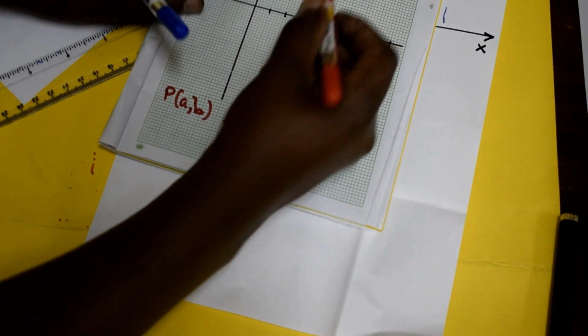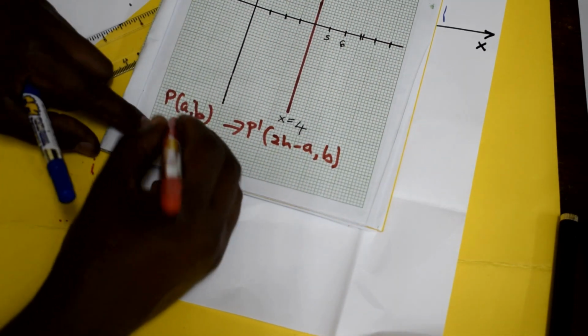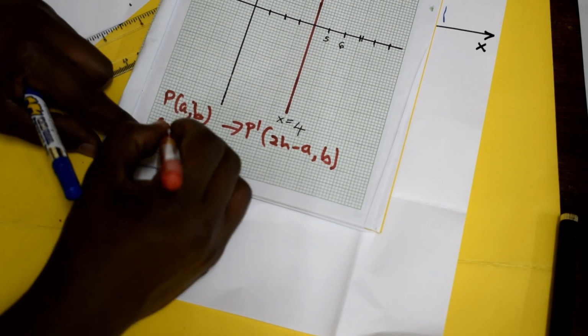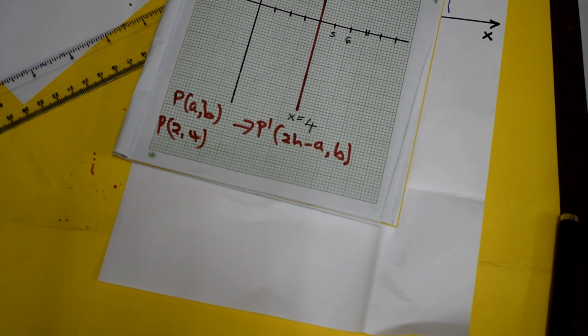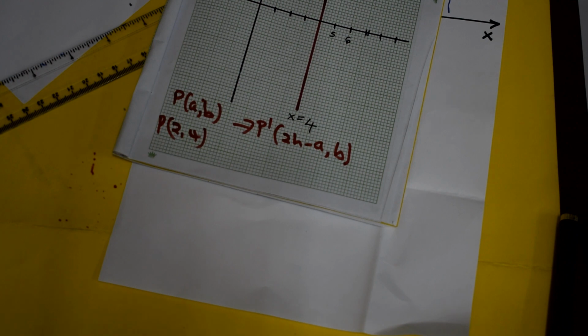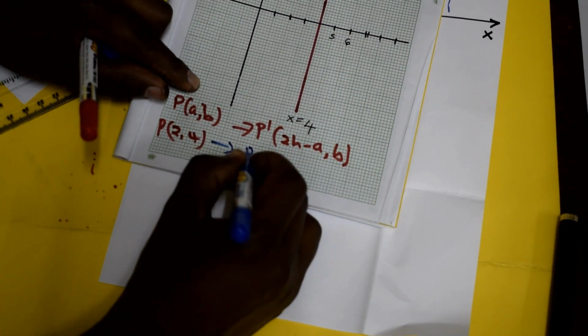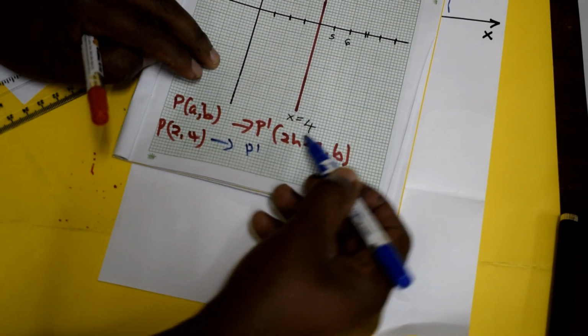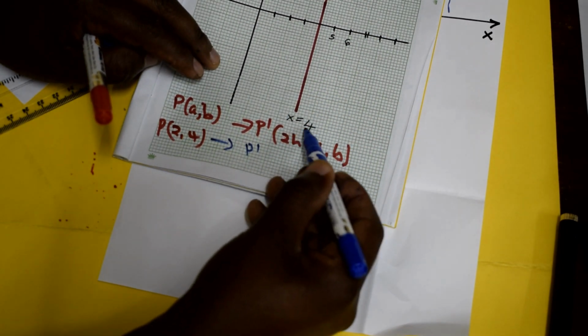So if we have our point, for example, (2, 4), we can check this. Even without drawing, we should be able to get the answer. So P prime will be 2h minus a, and our h is 4.